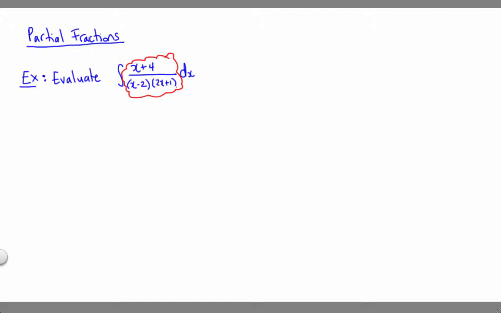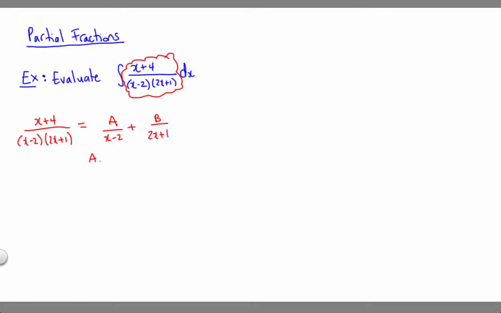So here's how the partial fractions method is going to work. We're going to take our rational expression, x plus 4 over x minus 2 times 2x plus 1, and we're going to rewrite it in the following way. We're going to write it as A over x minus 2 plus B over 2x plus 1.